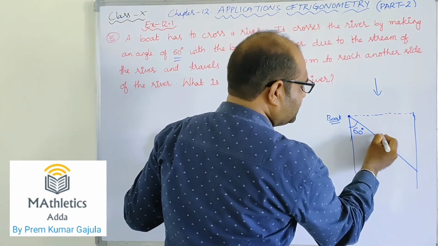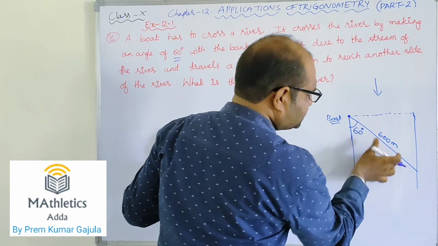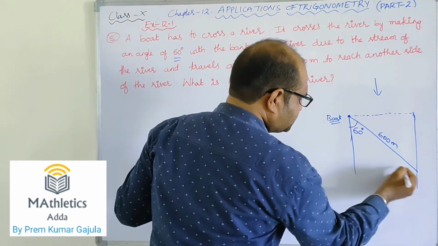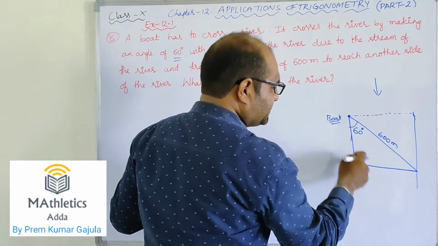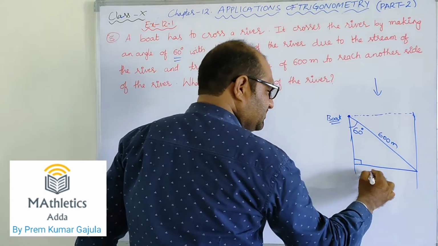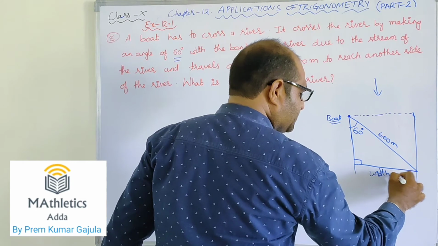And it has travelled 600 meters. So this is 600 meters. If you draw one perpendicular to this bank, you will get a right angle triangle, and this perpendicular is nothing but the width of the river.